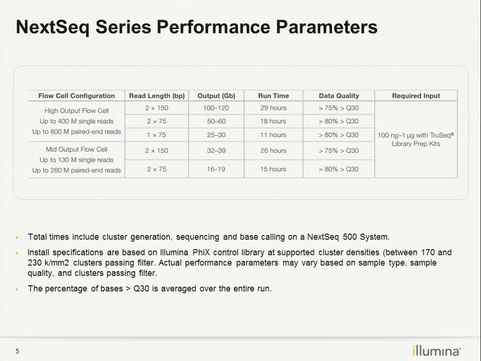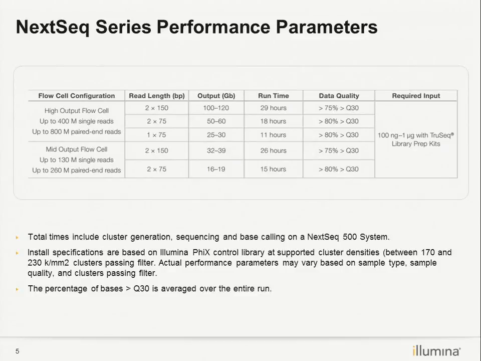So this is the performance specification of the reagent kits. You can see we have two different types. For the high output flow cell, we have three options: 1 times 75 cycles, 2 times 75 cycles, or 2 times 150.